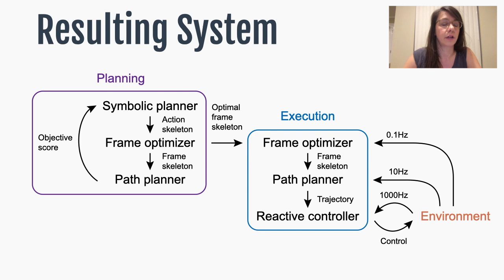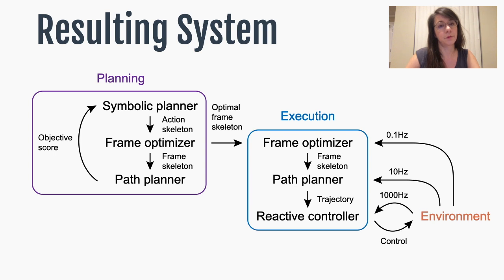We have a planning box that essentially searches for a symbolic plan and then checks if a Cartesian plan, or a sequence of relative Cartesian frames, can actually be generated. So this is done in the planning box.